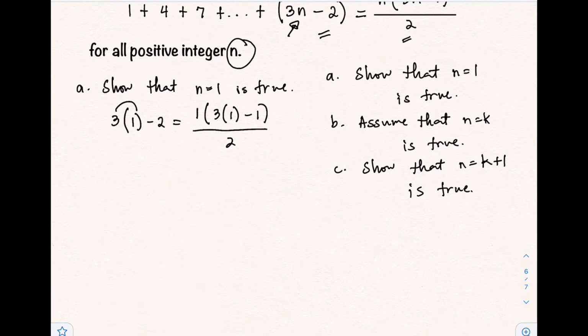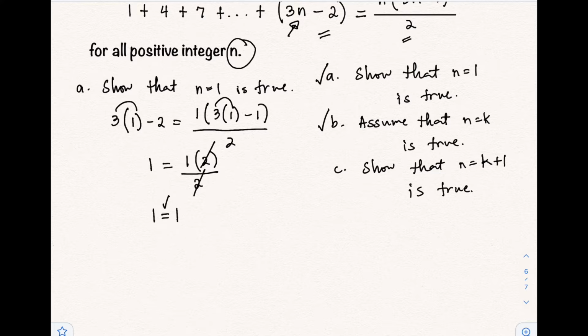So 3 times 1, so that's 3, minus 2, so we have 1, equals 1 times 3 times 1, this is 3, minus 1, so we have 2, then divided by 2. So dito guys, pwede nating i-cancel yung 2 sa numerator and denominator. So we have 1 equals 1. So since n equals 1 is true, ibig sabihin, pwede tayong mag-move doon sa ating second step.